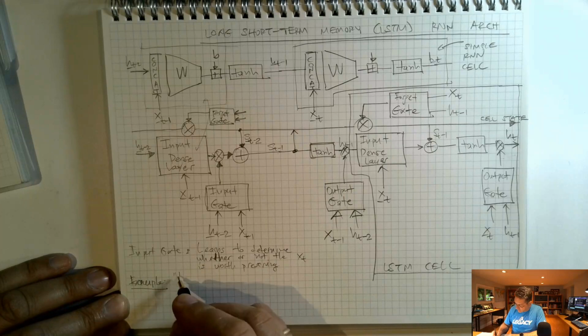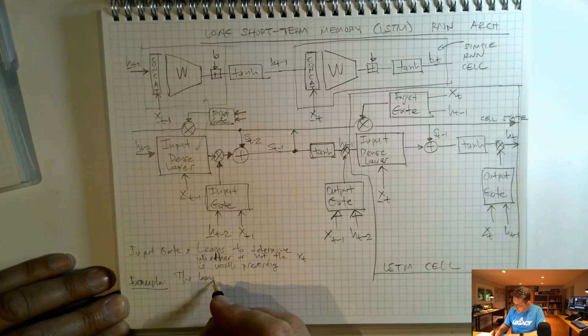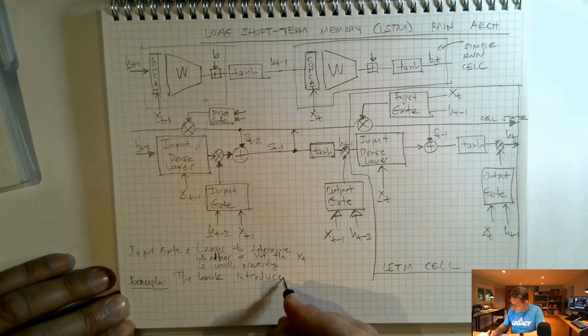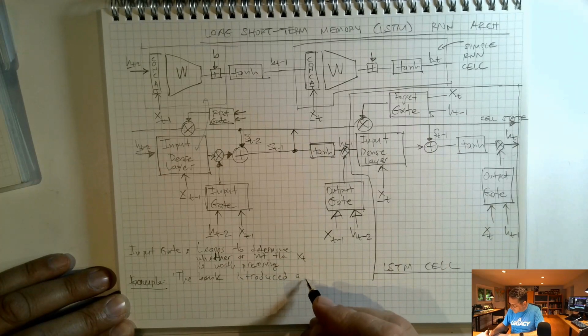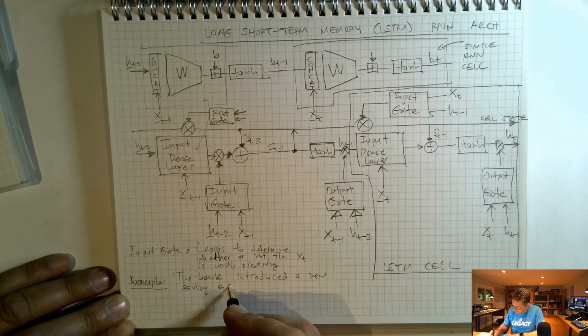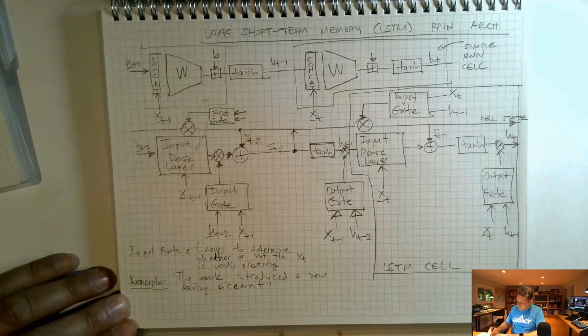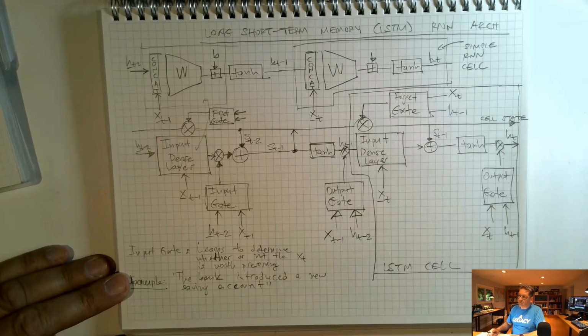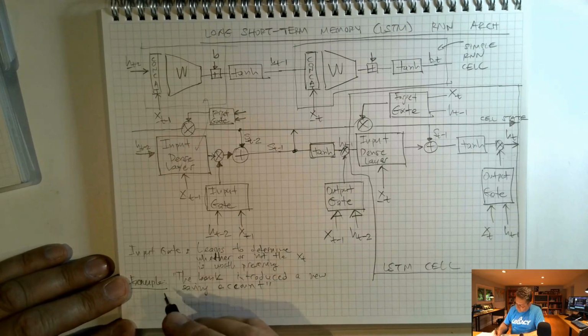So in one sentence, we say that the bank introduced a new savings account. So in this case, the input gate will be such that it will remember everything.